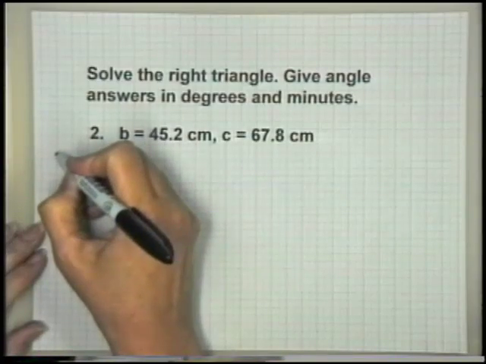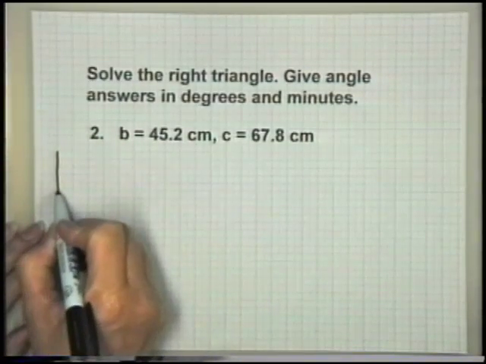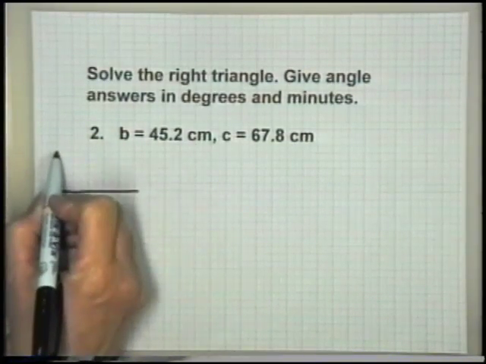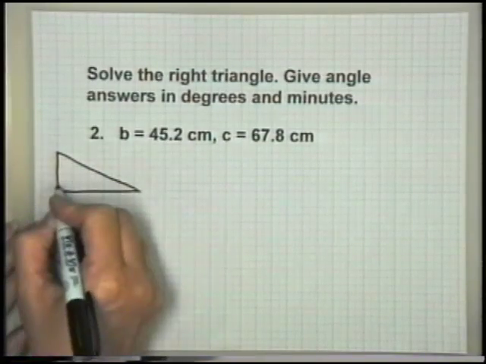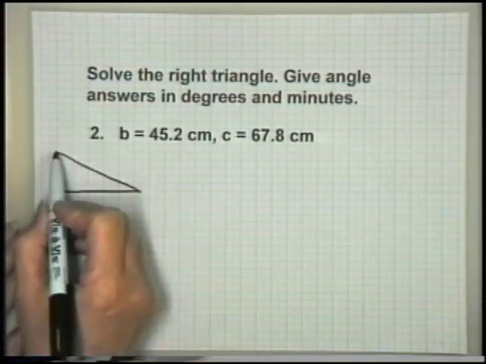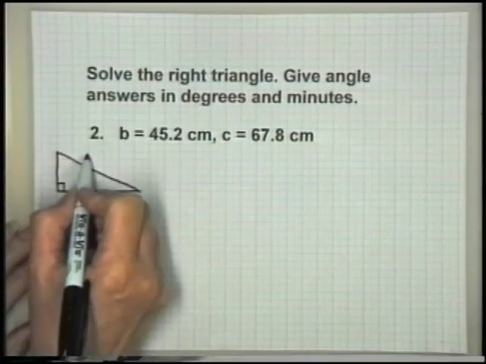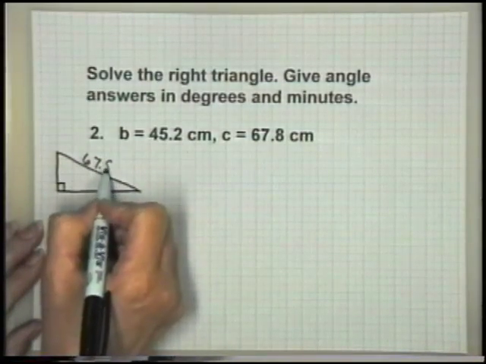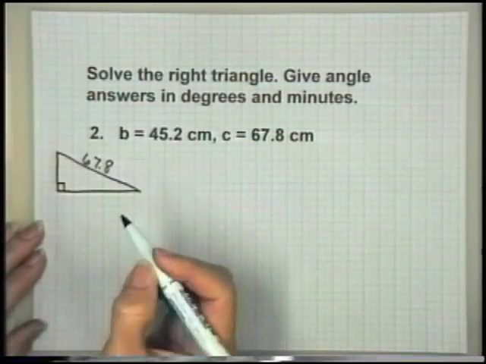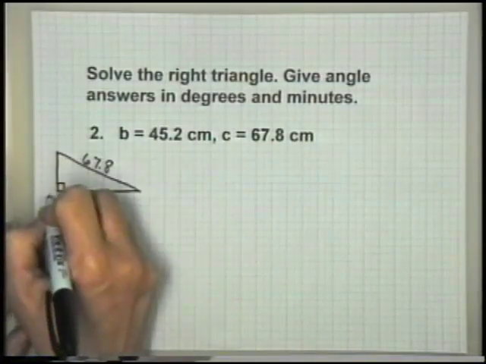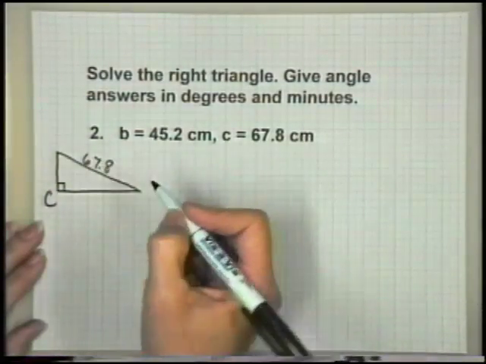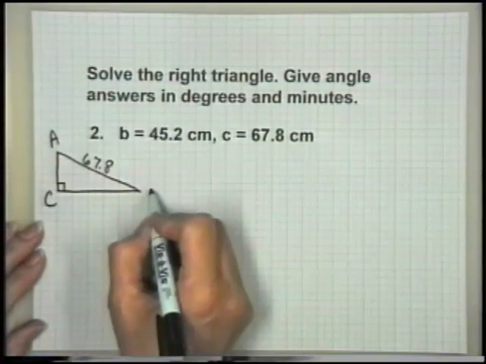So I always like to sketch. Of course, you don't have to sketch, but I just like to. And I know that C is 67.8, and I can put angle A and angle B wherever I want to.